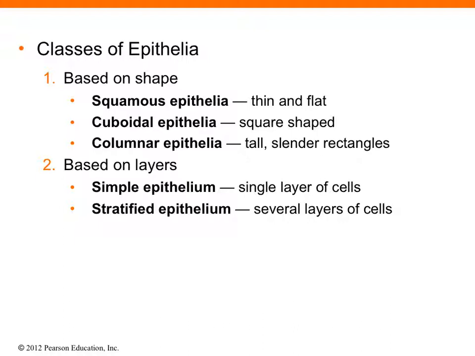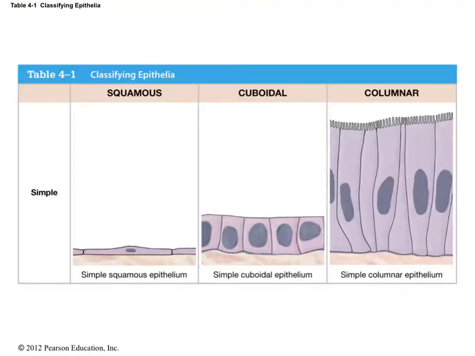The layers is the second form of classification, and it's based on either simple epithelium, which is a single layer of cells, or stratified epithelium, which is several layers of cells. Now we combine these together. If you look here in this image, you can see simple squamous, 1 layer of squamous cells, simple cuboidal, 1 layer of cuboidal cells, cube-shaped, and simple columnar, 1 layer of rectangular shaped cells.